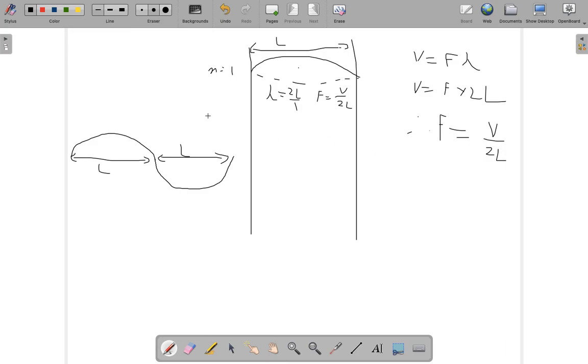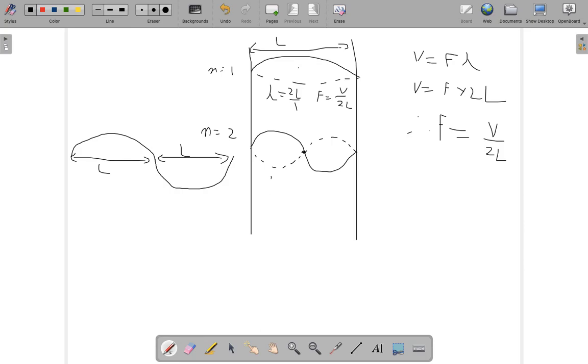Now let's look into the second harmonic, n equals 2, where now you have one node and two antinodes. So in case of a standing string, the harmonic is dependent upon the number of antinodes that are present.